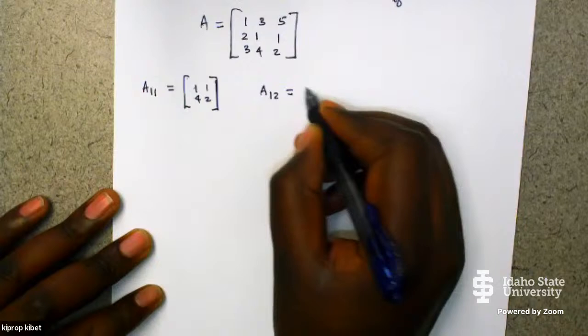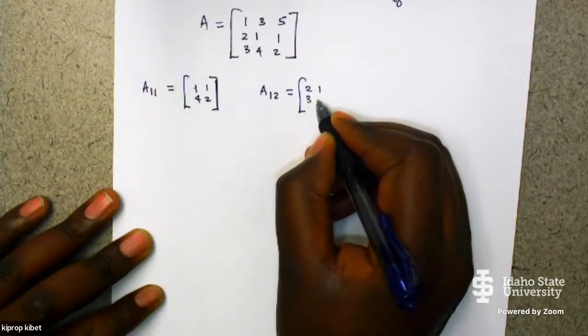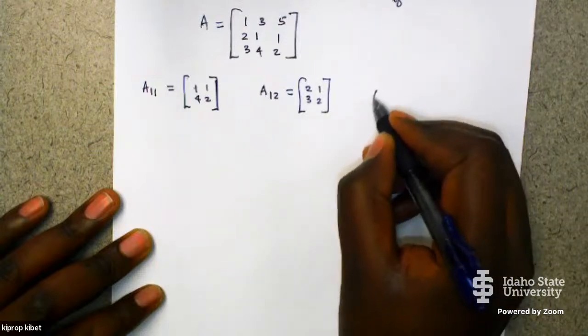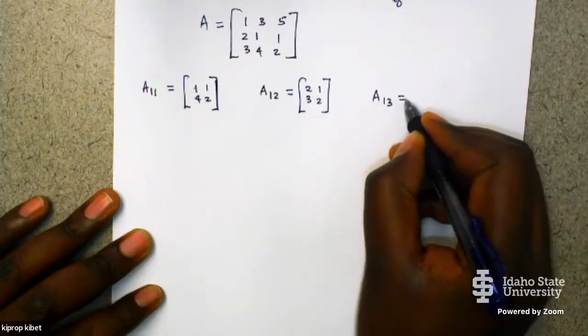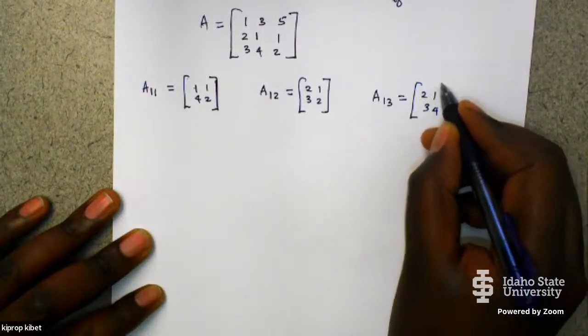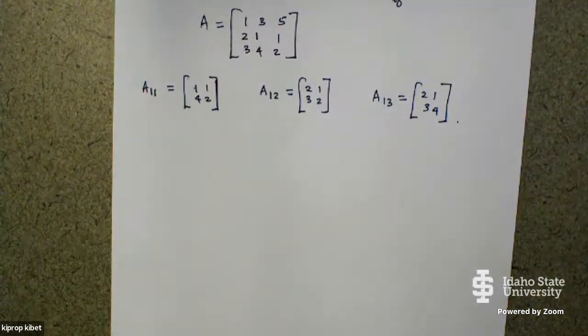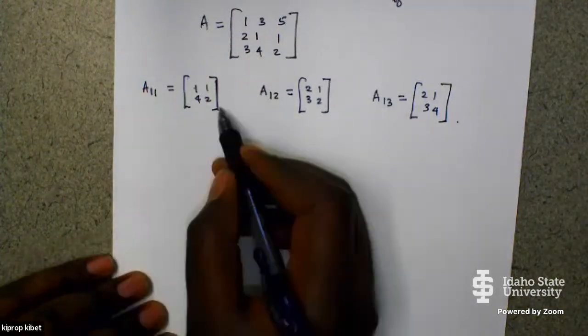A12 is equal to 2, 1, 3, 2. And then A13 is equal to 2, 1, 3, 4.